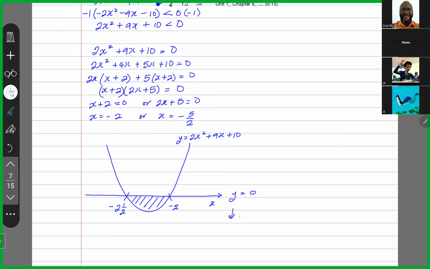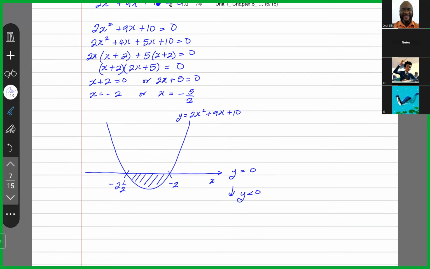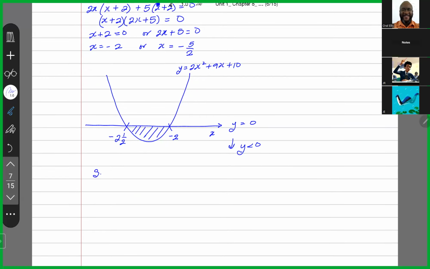So this is the region of the graph where y is less than 0. And the values of x for which 2x squared plus 9x plus 10 is less than 0, the values of x, which are our solutions, are x is less than minus 2 and at the same time greater than minus 2.5.